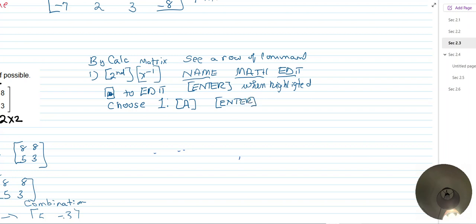Then it's going to give you a new window. We're going to enter 2 and then by 2. And that means using the enter key. And then enter the matrix.